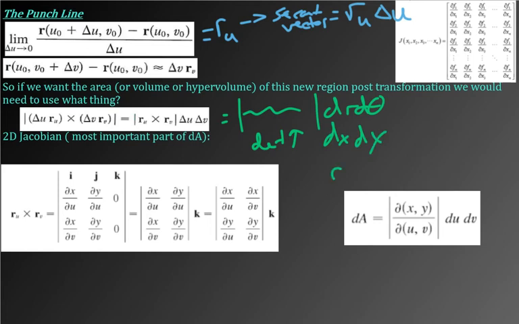But more importantly and more generally, it's dA. So this is truly how we figure out the new area after the transformation. And when we do polar, this part in here is where the extra r comes from. It comes from that weird determinant of those two tangent vectors, r sub u and r sub v.